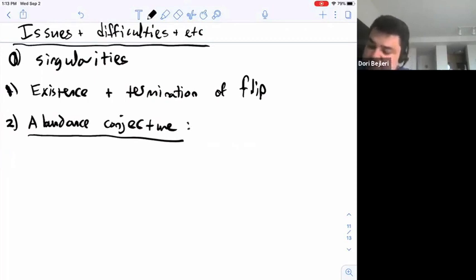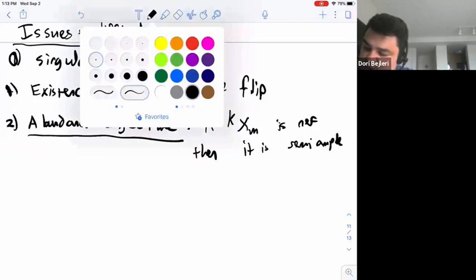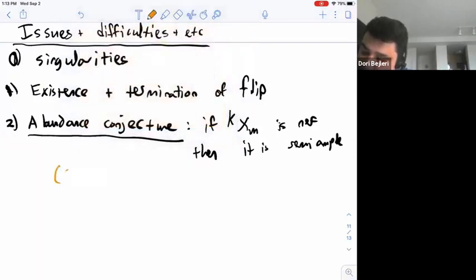So the version that I'll write down here just for this introduction is that if K_{X_M} is nef, then it's semi-ample. And there are various other forms of this abundance conjecture. When this happens, we'll call it a good minimal model.